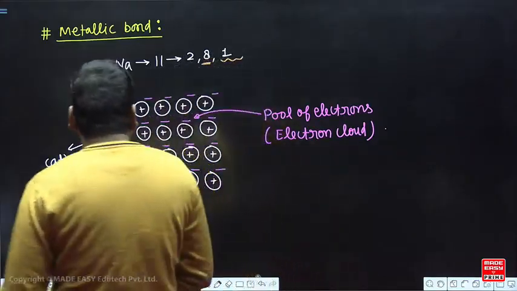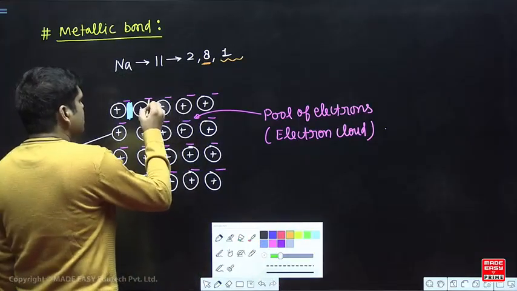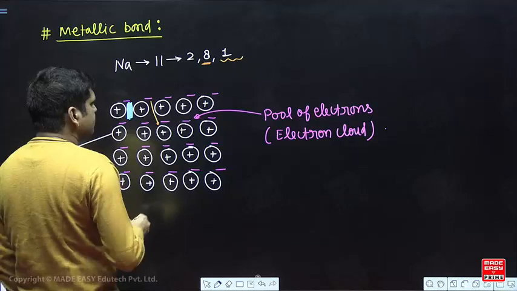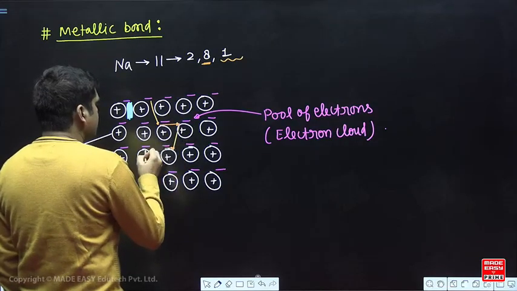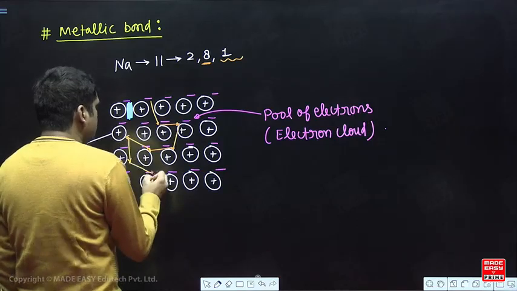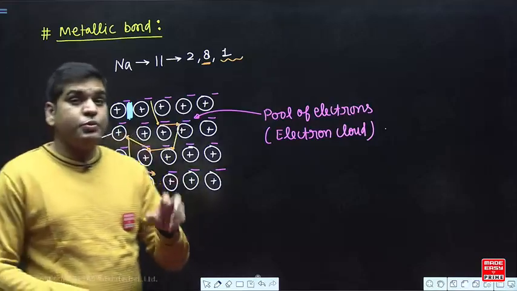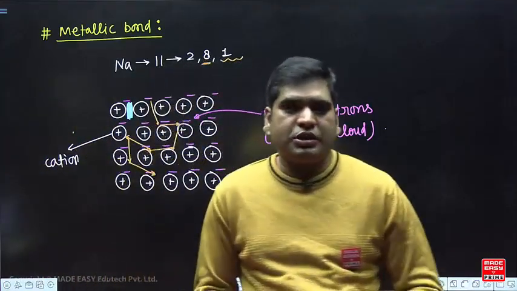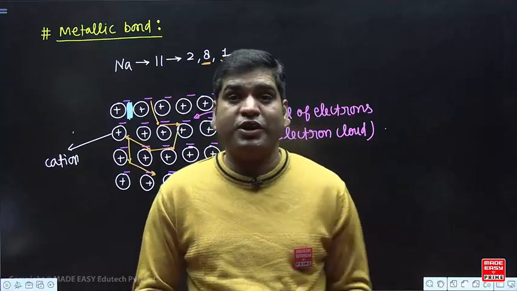My dear friend, you see here, all these electrons are free to move anywhere in the material. This electron is attracted by this atom, then by this atom, then by this one, and so on. It means these electrons are free to move anywhere in the pool of electrons. Such electrons which are free to move anywhere in the material are known as free electrons.